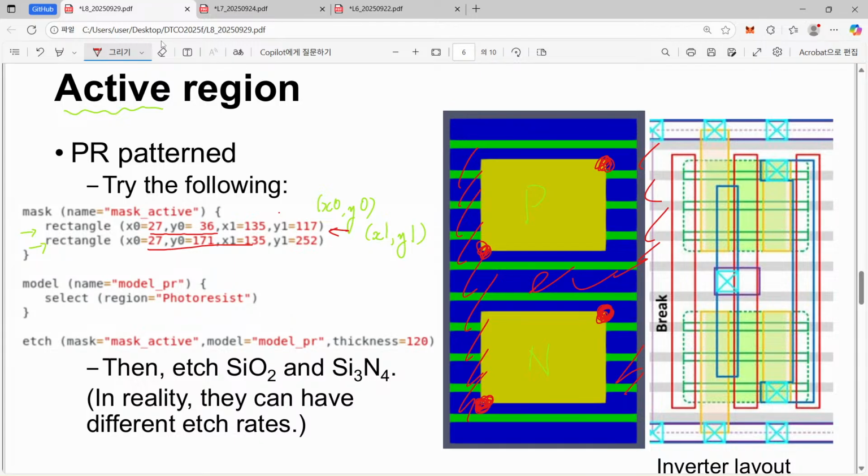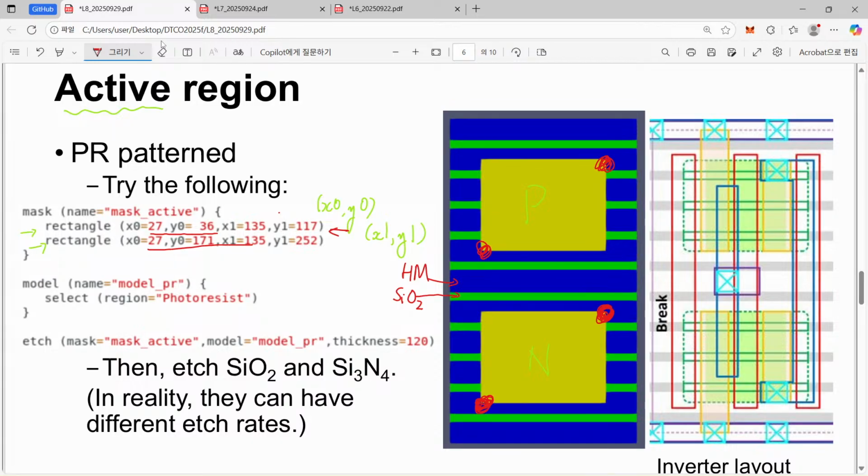So now we still have the remaining, quite strong unexposed PR, this part and that part, and for other parts our silicon dioxide pattern is now exposed, and of course this one is corresponding to the hard mask. Then from the top view we can find three different materials: PR, silicon dioxide, and the hard mask.